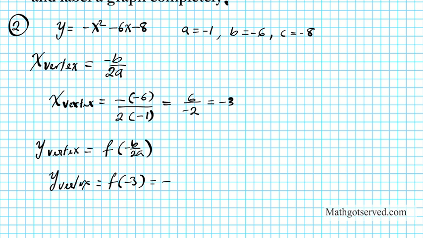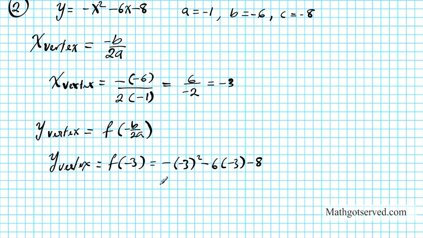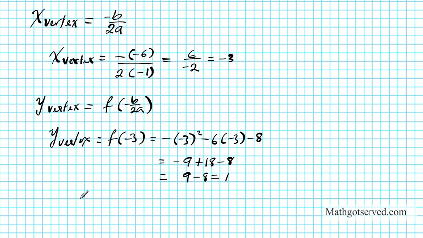So I have negative 3 squared minus 6 times negative 3 minus 8. Okay? All right, let's simplify that. We're going to get negative 9 plus 18 minus 8. That simplifies to 9 minus 8, which equals 1. All right, now we're going to put the two values together to create our vertex. Our vertex is going to be negative 3, 1.